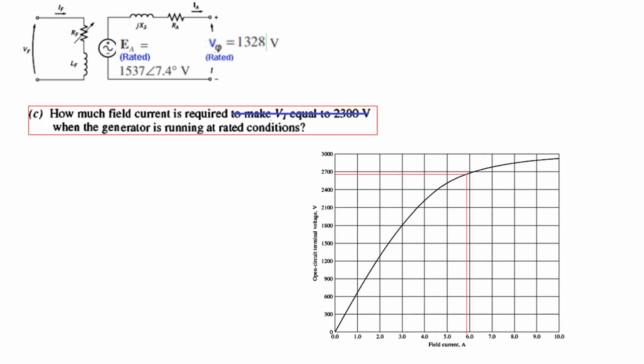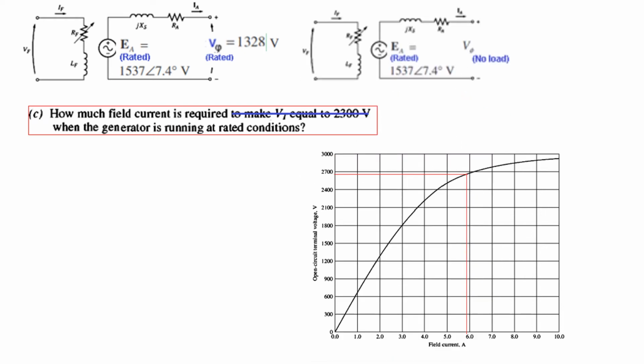So let's head for the open circuit terminal voltage. Now this is the generated voltage. We want that when there is no load, this voltage should be at the terminal. So this is the same when there is no load. So V phi is the same as E_A, and E_A we had calculated as 1537.